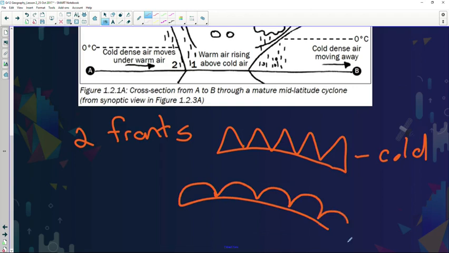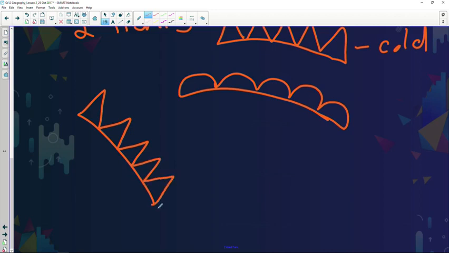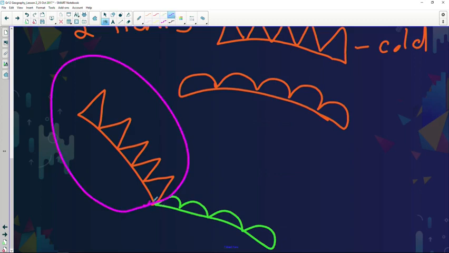Now, from a synoptic point of view, this is what it will look like. There's the cold front, and attached to it is the warm front. Keep in mind, grade 12s, we only experience the cold front in Southern Africa.